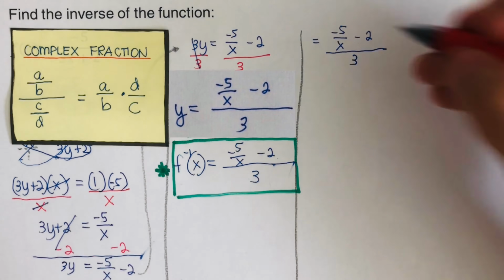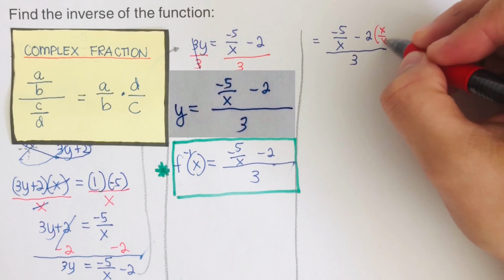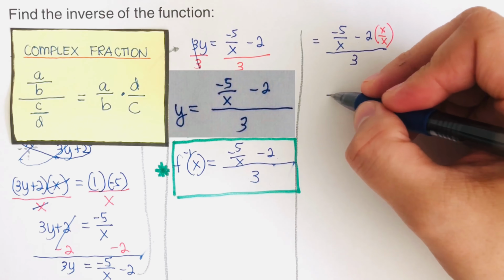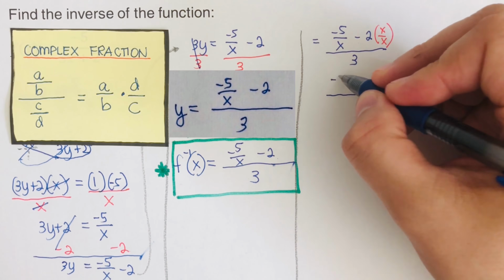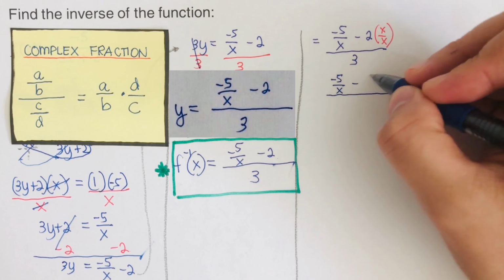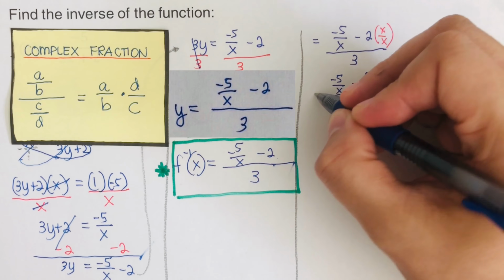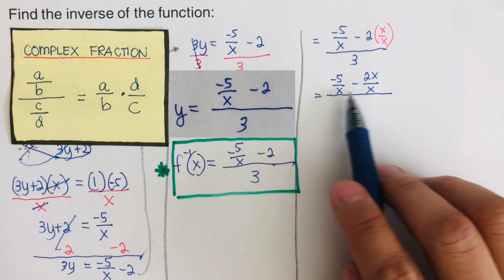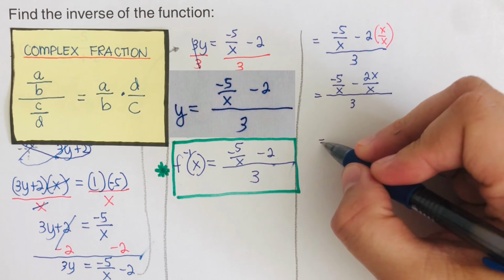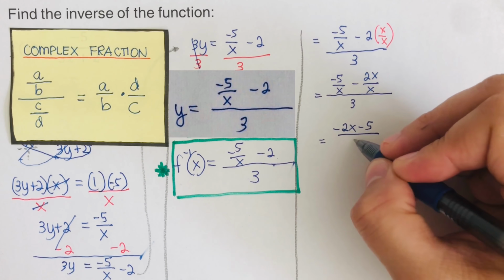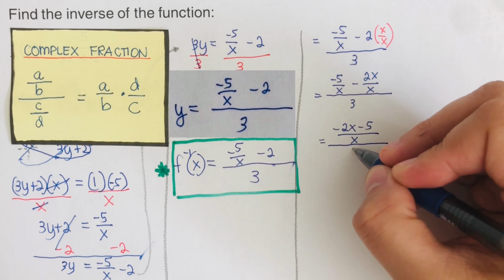I can multiply the 2 by x over x, so their denominators are the same. So then we can come up with an equation that's negative 5 over x minus 2x over x, over 3. So they already have the same denominator x, so we can simplify this as negative 2x minus 5 over x, and that is over 3.